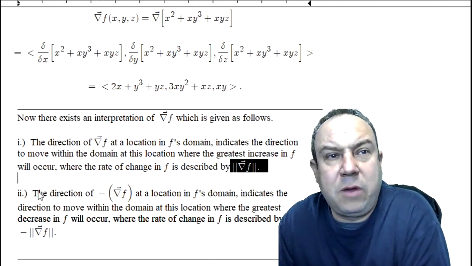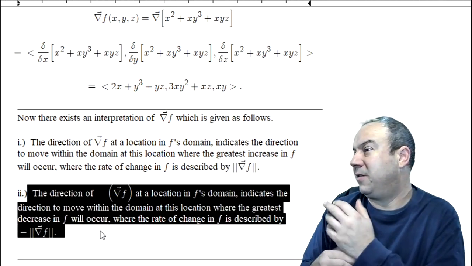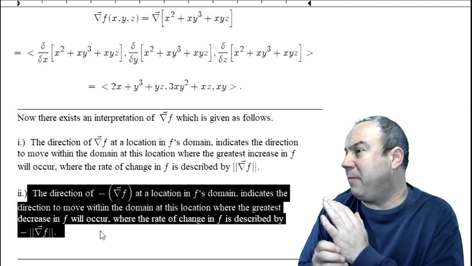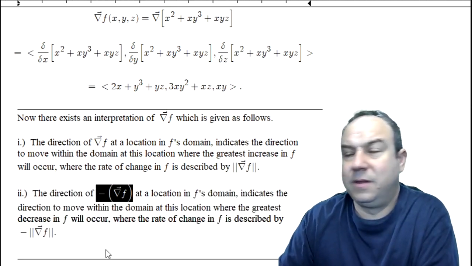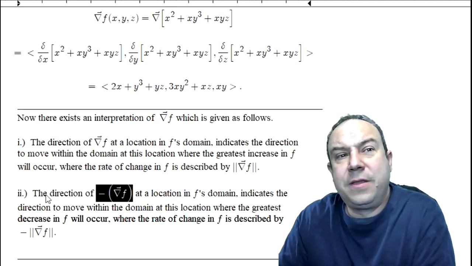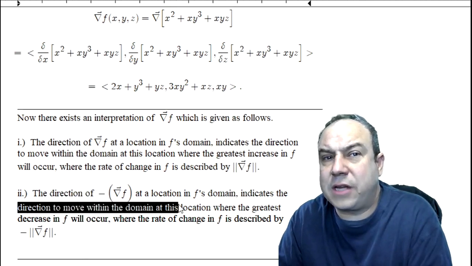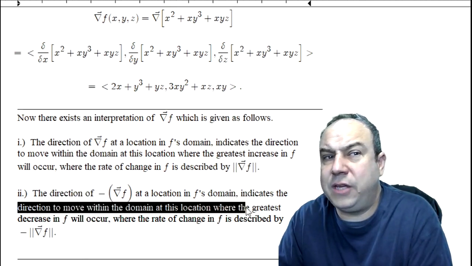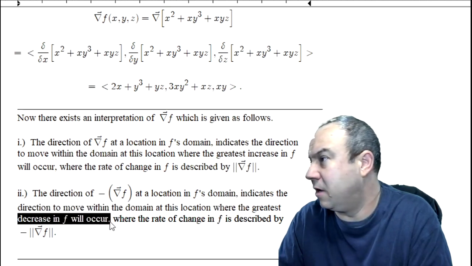Now, if we were to look at the opposite of the gradient, seen here, the direction of the opposite of the gradient indicates the direction to move within the domain at this location where the greatest decrease in f will occur.